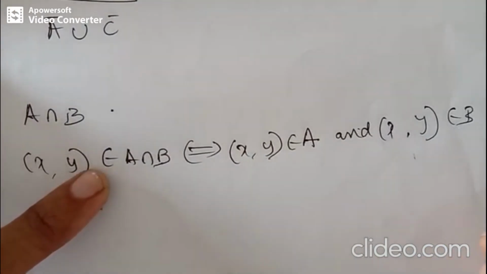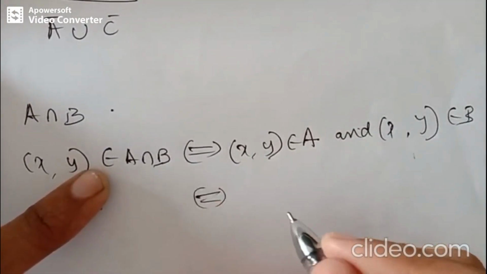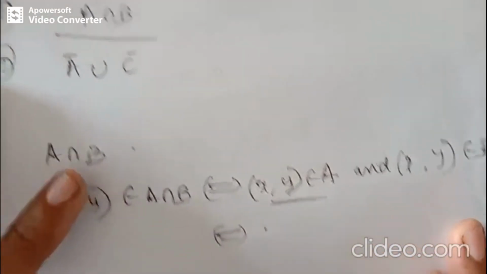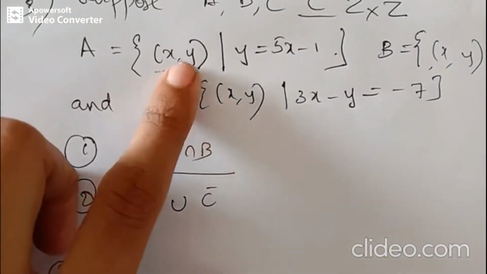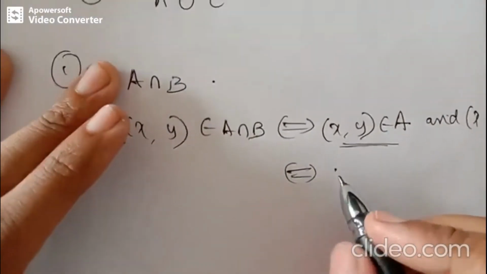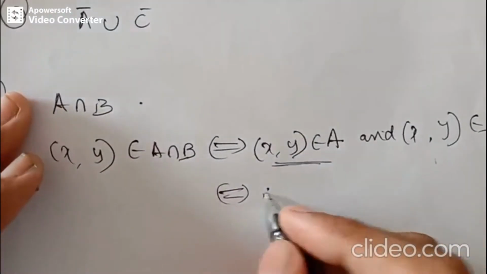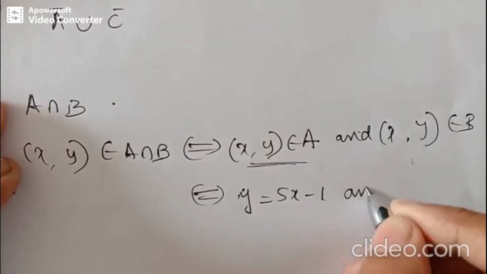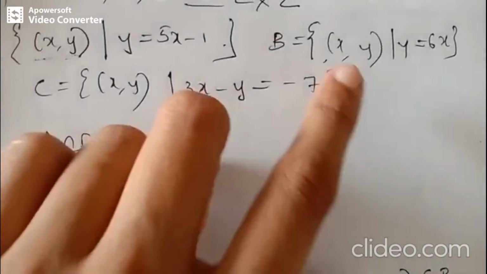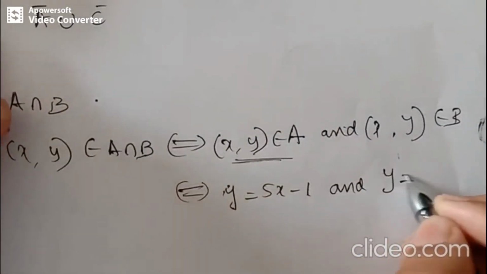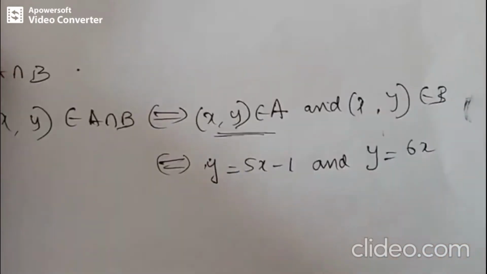Intersection means it belongs to both of them. So if I say x, y belongs to A, obviously this condition is satisfied, that is y equals 5x minus 1. And similarly if I say x, y belongs to B, this condition is satisfied, so y is equal to 6x.